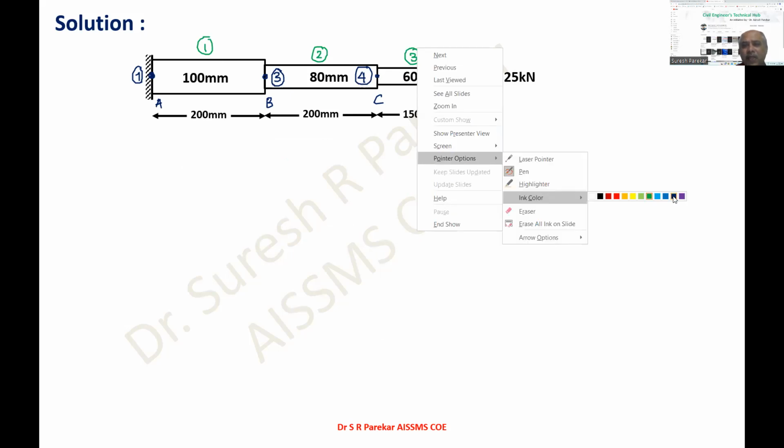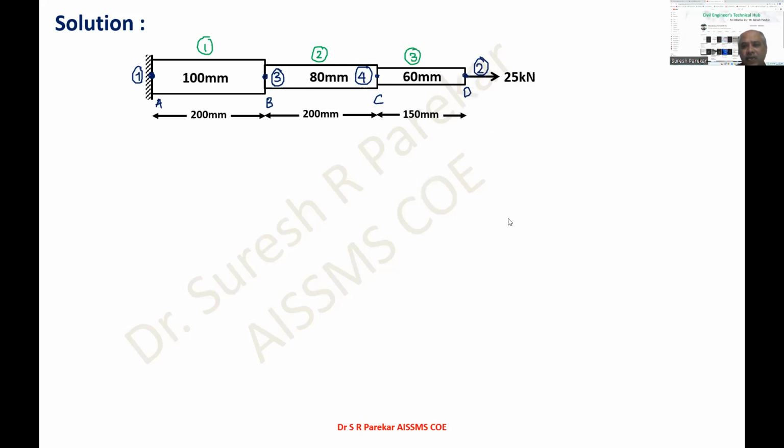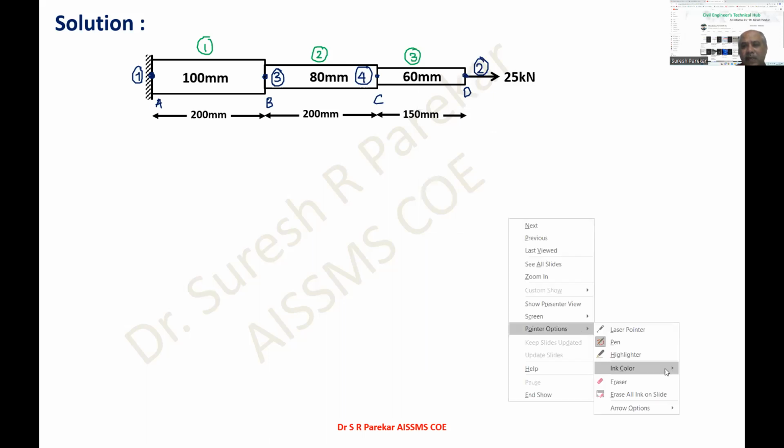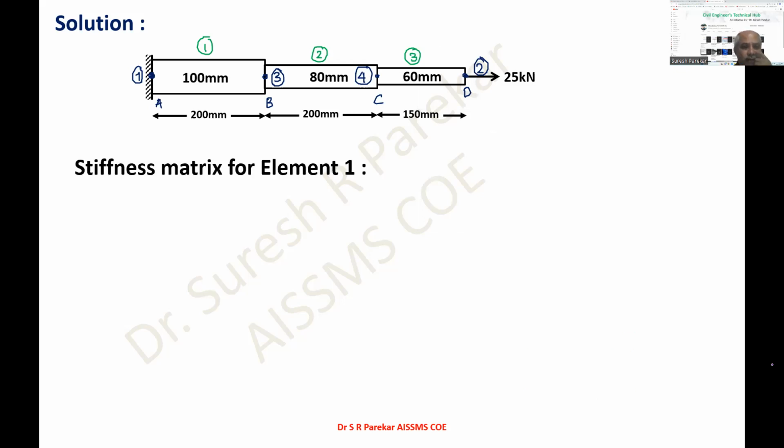Now we are going to solve the problem. Already we have solved one problem where we have both ends fixed and now here we have one end fixed. So now we have stiffness matrix for element 1. As we know, stiffness matrix for axial member we have AE by L, [1 -1; -1 1]. And then we will go for first element.